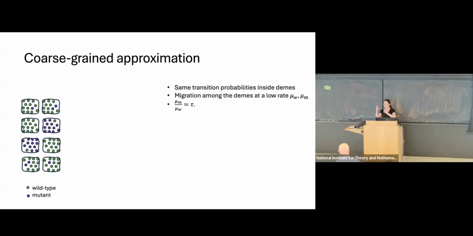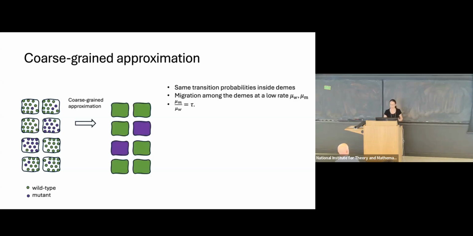In each island the dynamics is fast, and when migrations happen, we assume that things are settled within each deme. This is the slow migration approximation. They're weakly connected. Because of this approximation, we can say this deme is completely green and this one is completely purple, so each deme only has one type, and then there's slow migration in between.